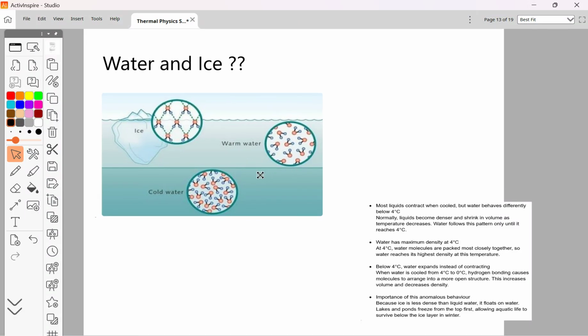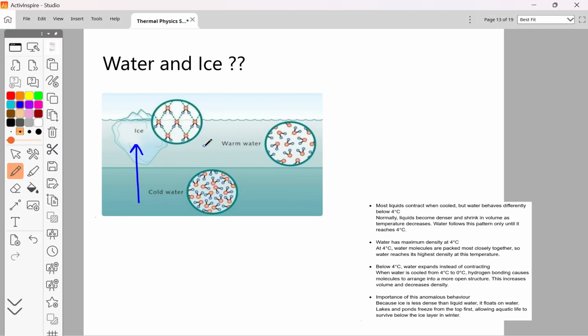Then you'll see in your CAM document, you need to be able to explain why water and ice is a little bit weird when compared to other substances, because they don't behave the way they should. Normally when you take a cold substance and you heat it up, it expands, expands, expands.